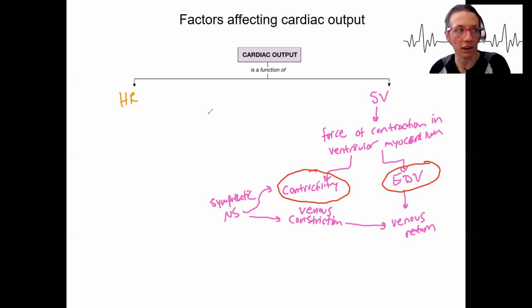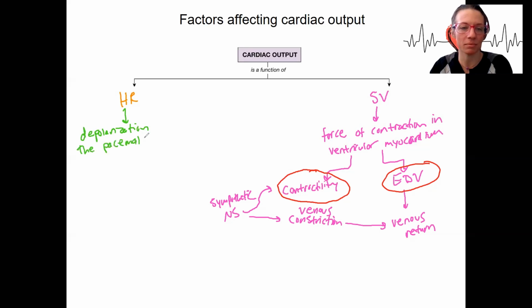Heart rate can also be regulated. So heart rate is dependent on what? You could do this, right? Depolarization of what? The pacemaker cells, those autorhythmic cells. Depolarization rates can be regulated, right? So we could have a decrease due to parasympathetic. Actually, let me reverse the order, right?